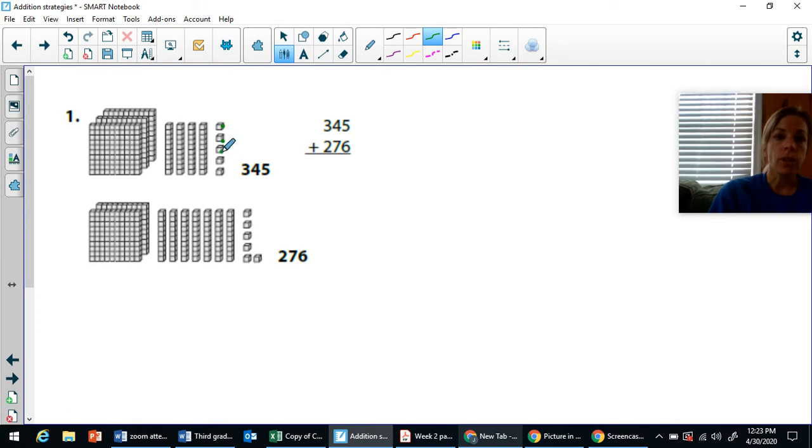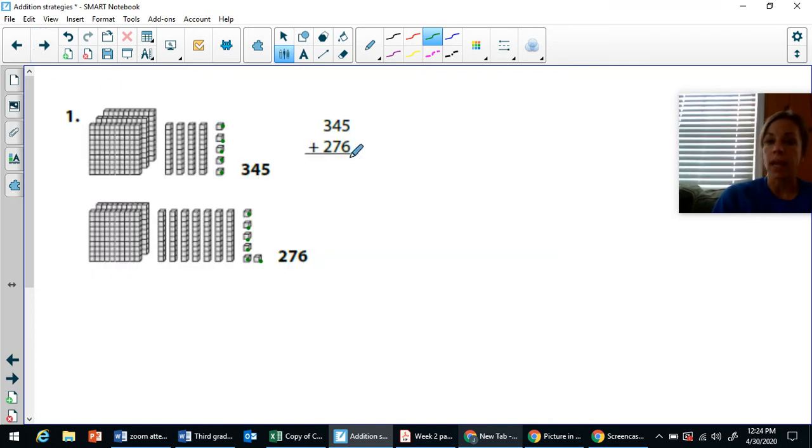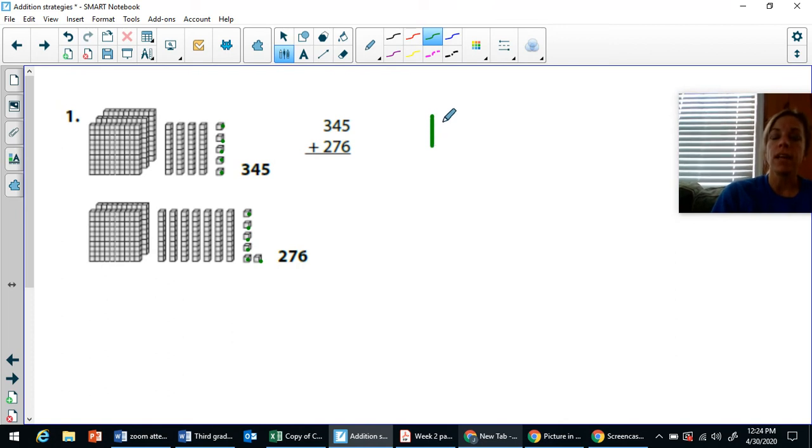1, 2, 3, 4, 5, 6, 7, 8, 9, 10, 11. We are in kind of a situation that we were in on this page. We have 11 ones. So I have to do some regrouping. So I have 11 ones, and I'm going to put an O here, which really is the same as what?